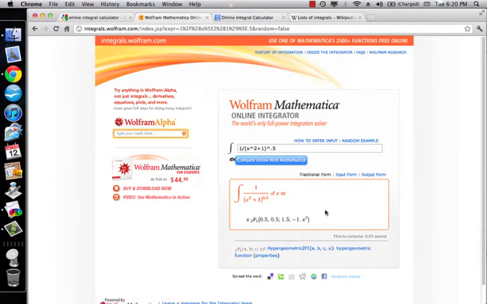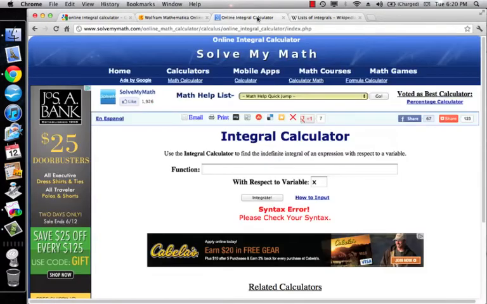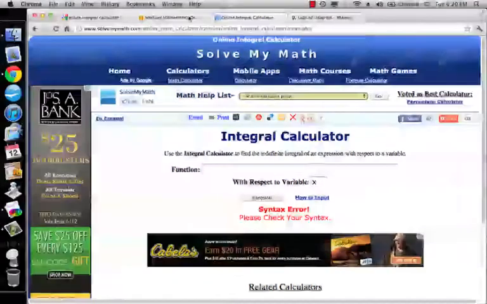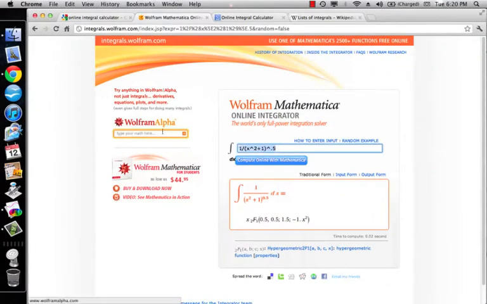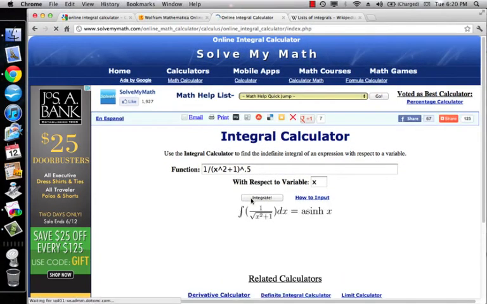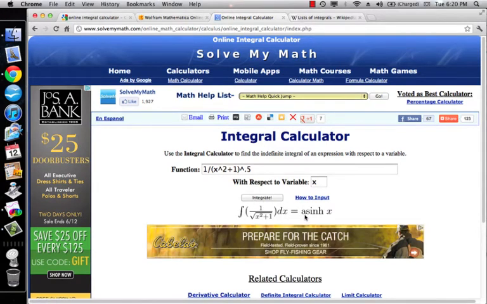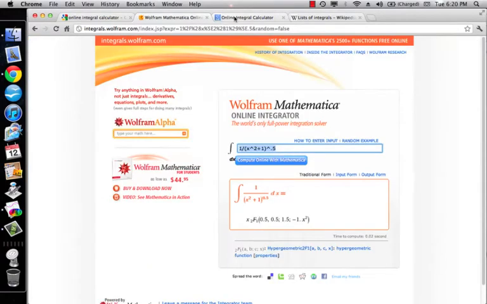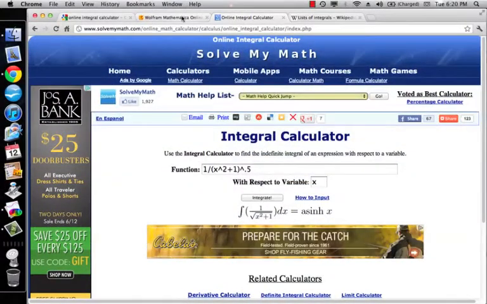I'm not sure why Wolfram does this, because if I go over to Solve My Math and copy what I typed there, typing the exact same thing in and telling it to integrate, it says it's the arc hyperbolic sine of x. So I get a little bit of a disagreement between my two online integral calculators.